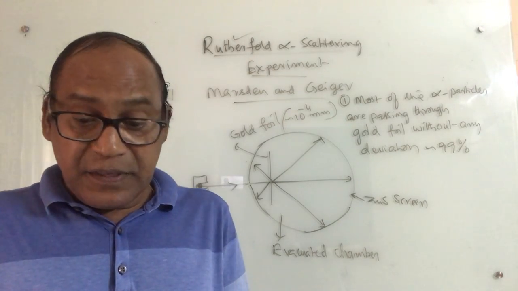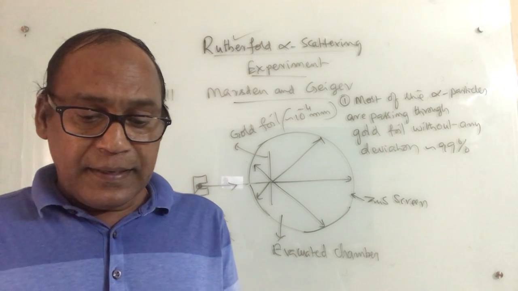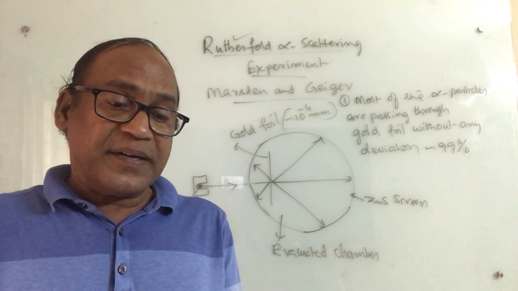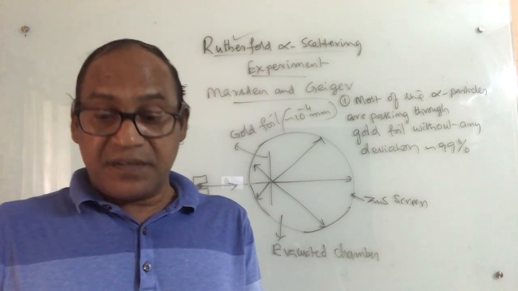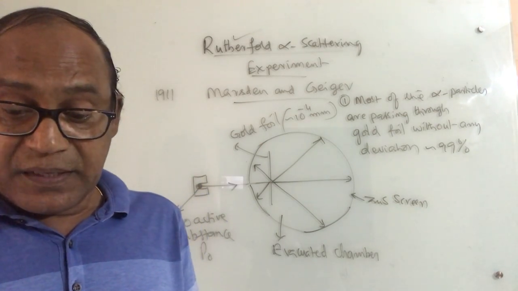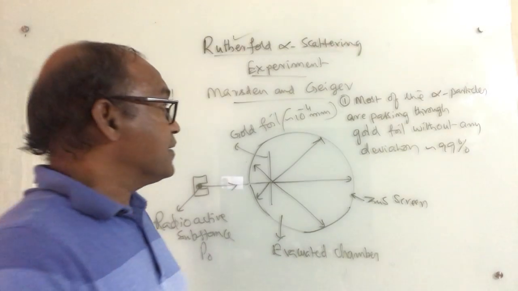And the second observation was that nearly 1% of alpha particles are passing with some angle of deviation. That angle of deviation may be more than or less than 90 degrees.